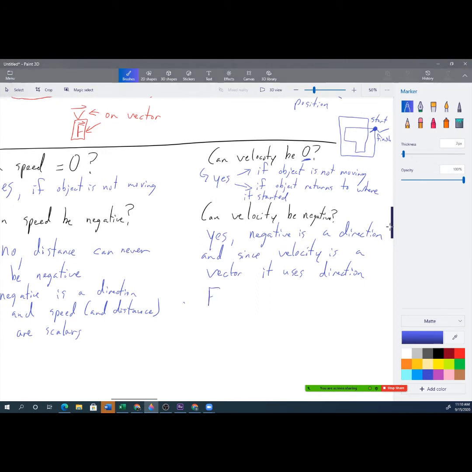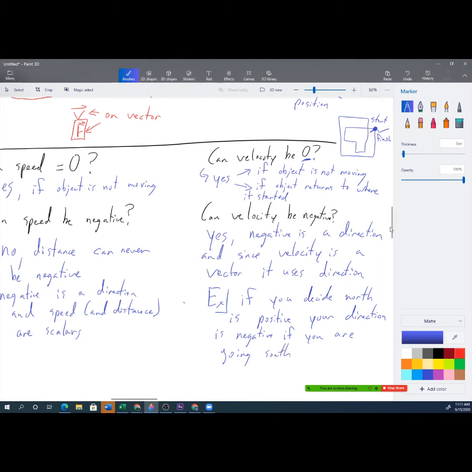On this one, I am going to put an example as well. If you decide north is positive, your direction is negative if you are going south.